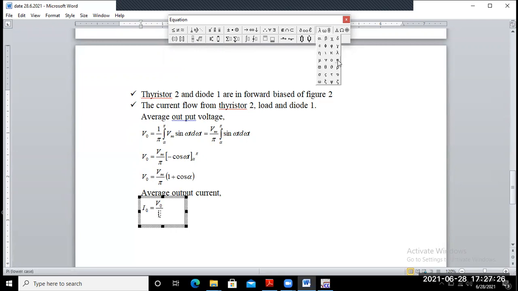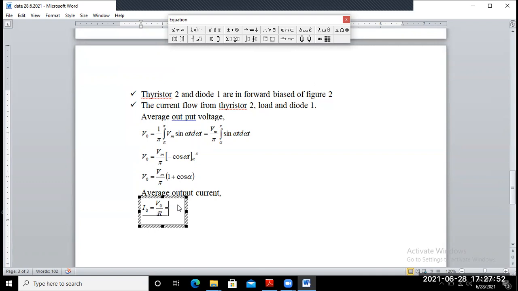So put here the value of average output voltage. You already found out Vm into 1 plus cos alpha by pi.